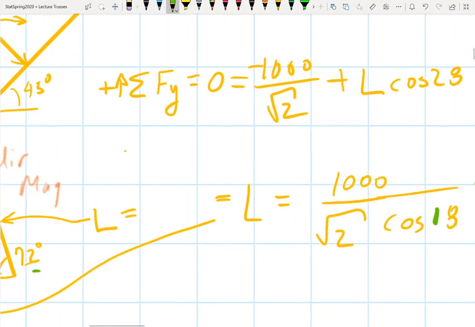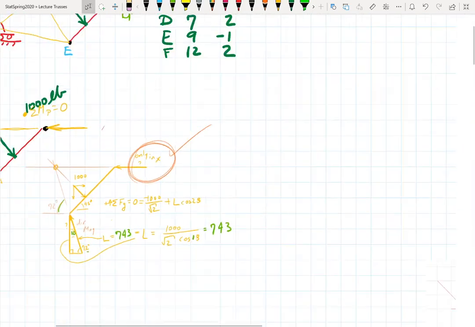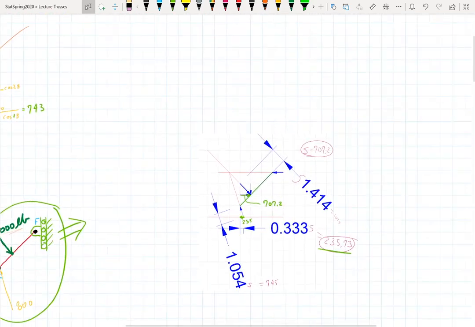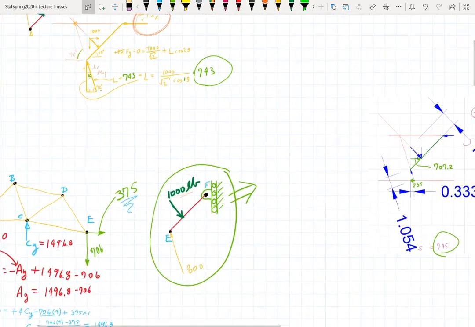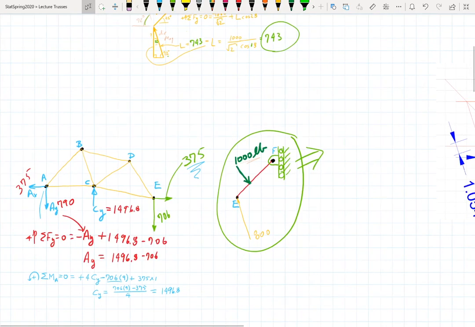So my drawing, I get 745. Over here I get 743. So in fact, what you find out is these members, this one and this one, are off, scaled down.